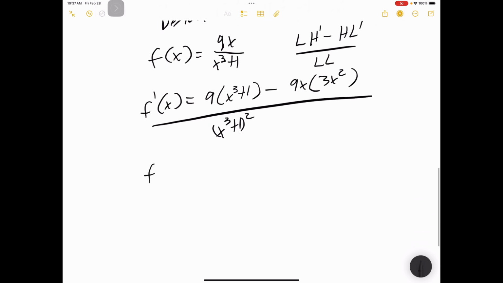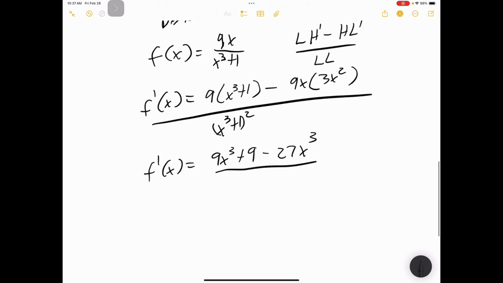Multiplying out, we get f prime of x is equal to 9x cubed plus 9 minus 9 times 3, which is 27x cubed, over x cubed plus 1 squared, which is equal to 9 minus 27, which is negative 18x cubed plus 9 over x cubed plus 1 squared.